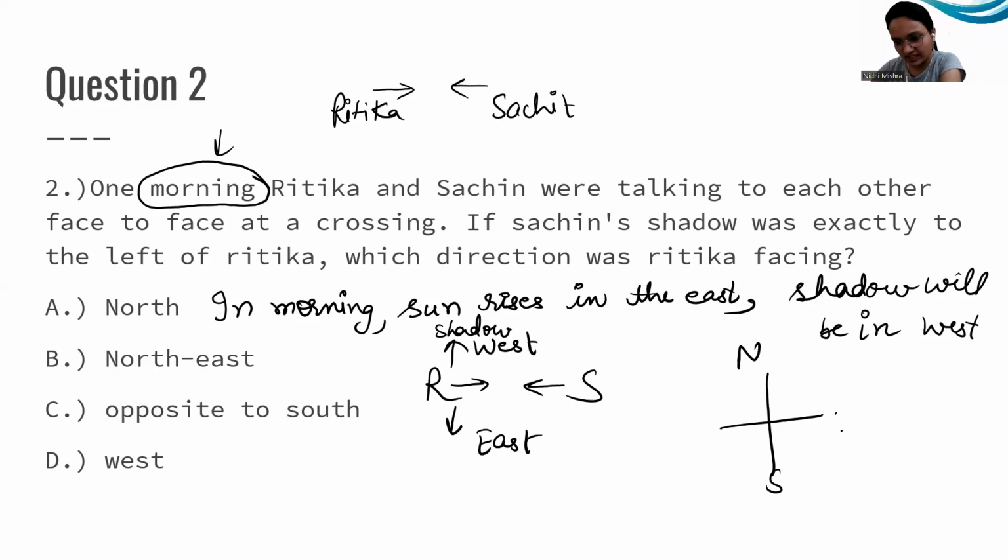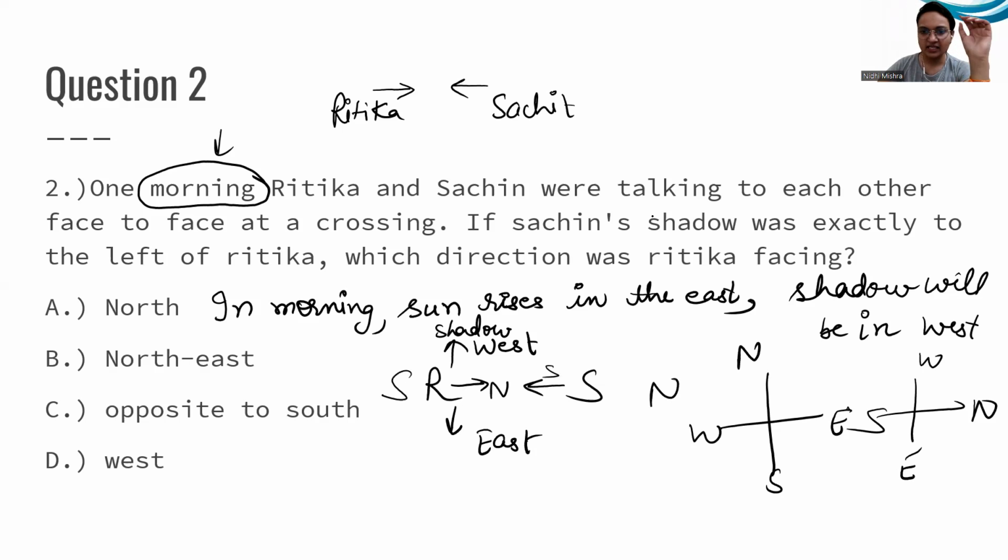North, south, east, west. Let me just move it by 90 degrees. So it will be east, west. Yes, it matches. North, south. So this direction is north and this direction is south. Correct? I hope you are able to understand this, right? If Sachin's shadow was exactly to the left of Ritika, which direction was Ritika facing? This is north. So Ritika is facing north.